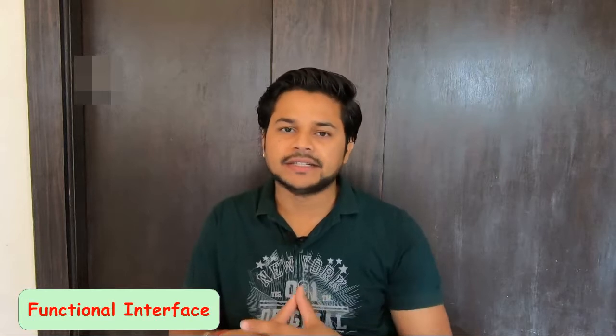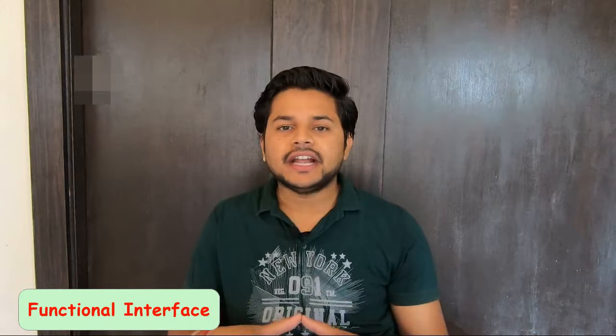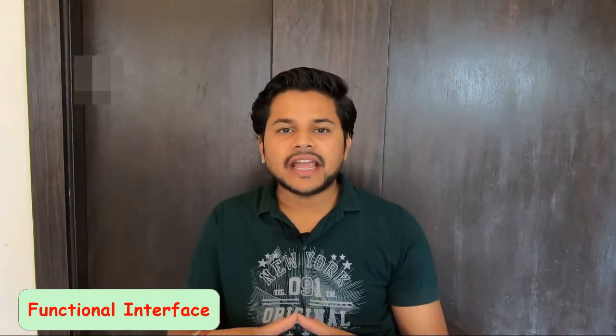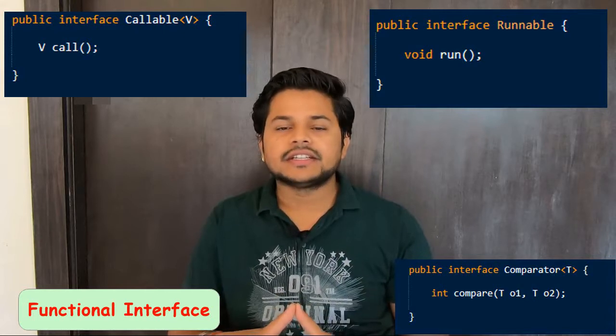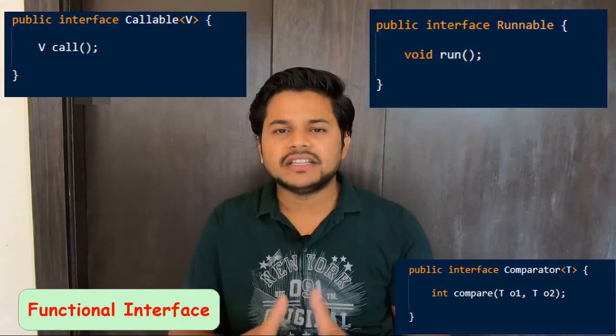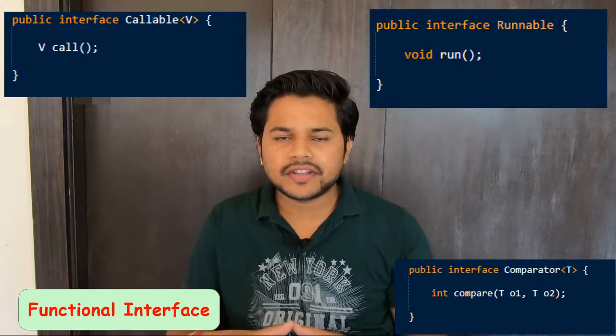Functional interfaces are those interfaces which specify exactly one abstract method. You already know about predefined functional interfaces in Java like the Runnable interface, Callable interface, Comparator, etc. These are all functional interfaces.